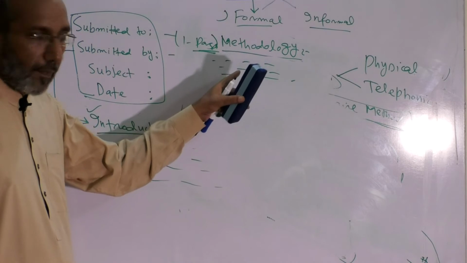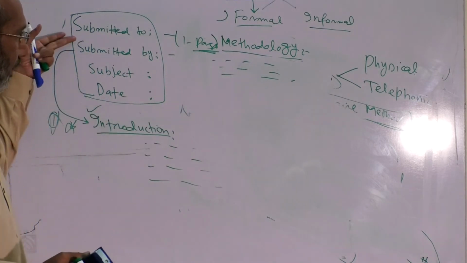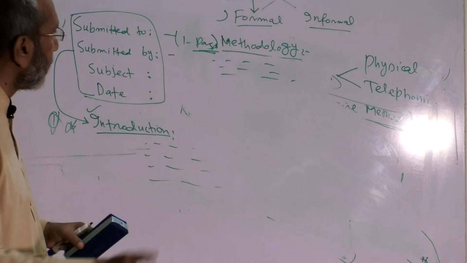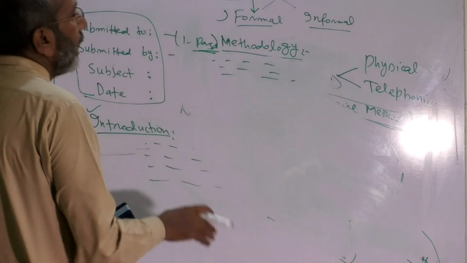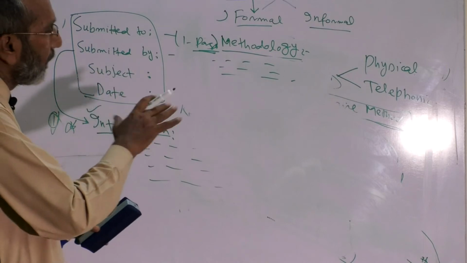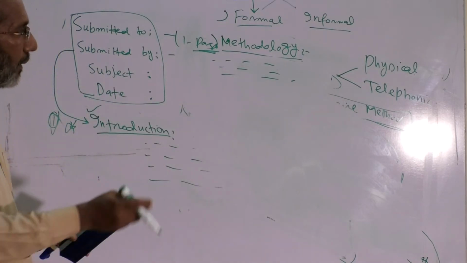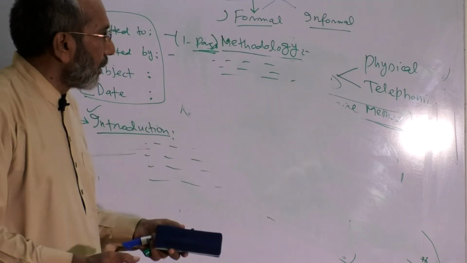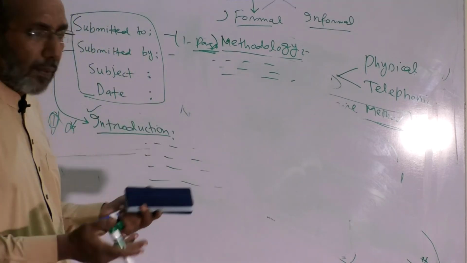So methodology, we started from this, then intro, then methodology. But actually what happens is, students sometimes write these things and think that they have written almost half of the report. When I ask them why they did not clear that exam, they say, I had written everything, but God knows what happened.